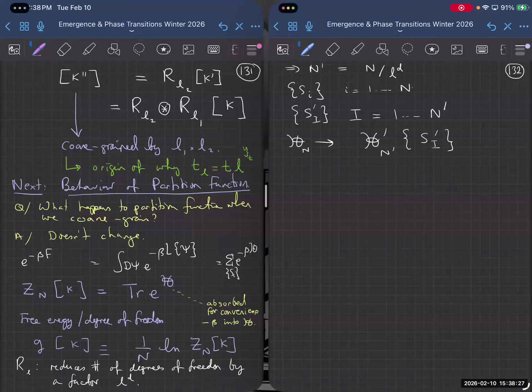If I start off with my original Hamiltonian with N degrees of freedom, it depends on my coupling constants K, and on my microscopic spins S_i, like so. Then I take the trace over my microscopic degrees of freedom, but I'm coarse graining. I'm not doing the full statistical mechanics.